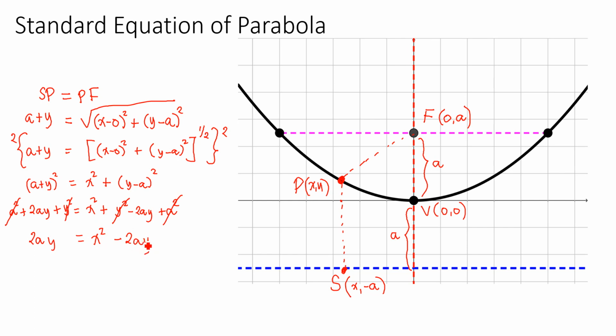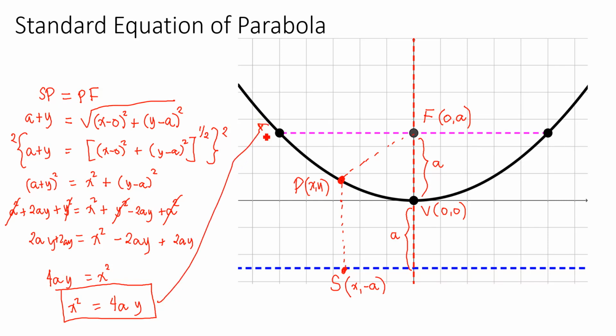Now, if we transfer the negative 2ay to the left side, adding 2ay to both sides, we have 4ay equals x squared, or x squared equals 4ay, and this would be the equation of this parabola.